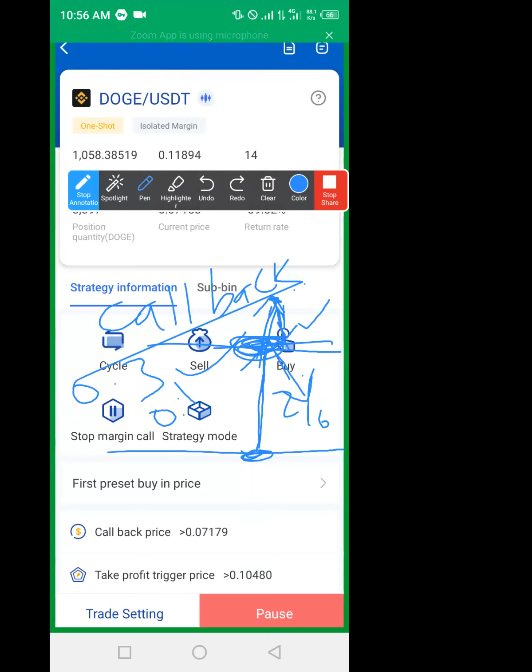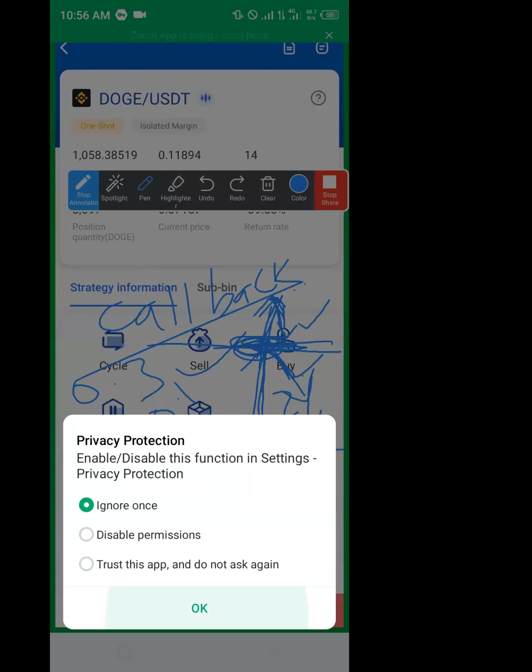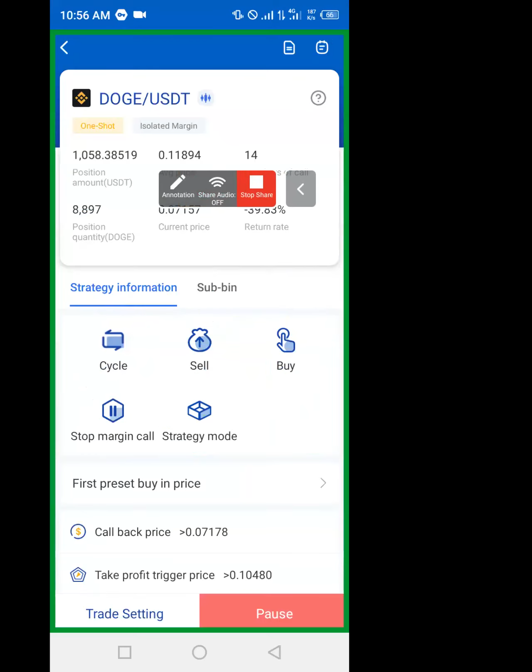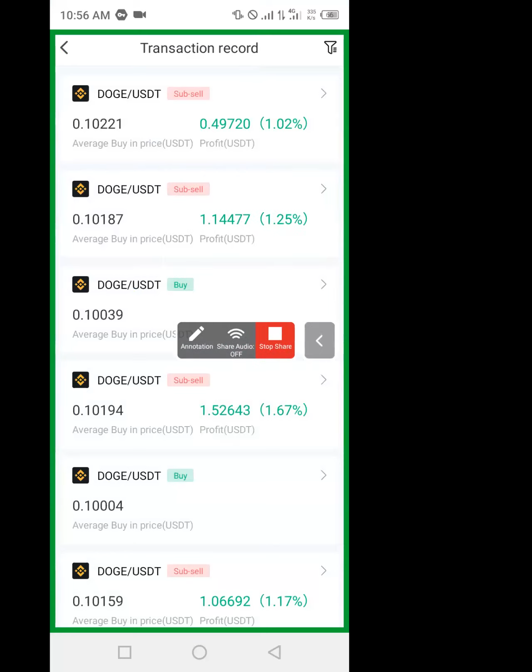The same way, if the trade moved and hits your take profit, and then it didn't proceed upwards, it came down. When it is coming down, it is waiting. It has to go down a little bit and then it takes your callback and then it sells. That's why you can always go to your transaction record and see that all these sub-sales are sold at different prices, at different percentages.